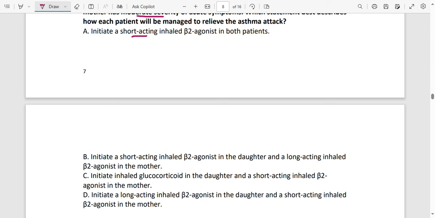Any thought? Why would you go with a doc? Any thought?